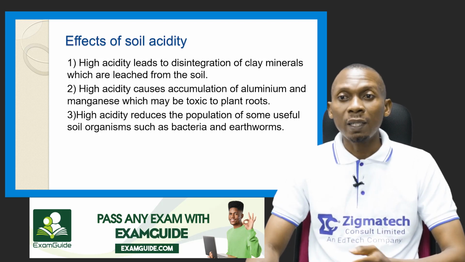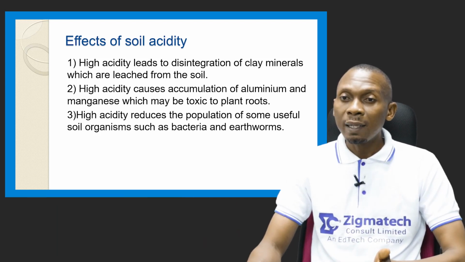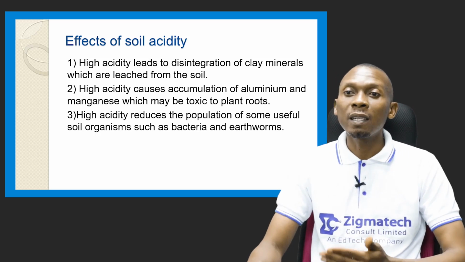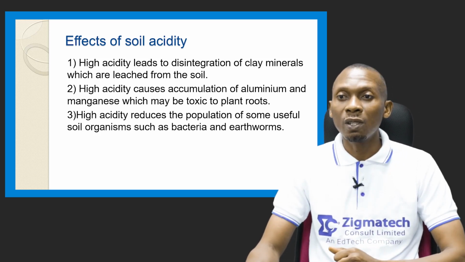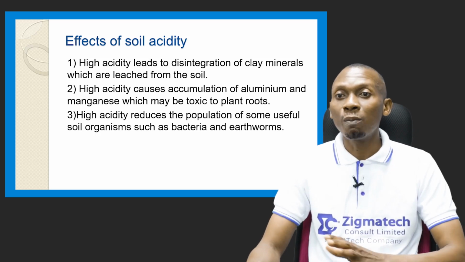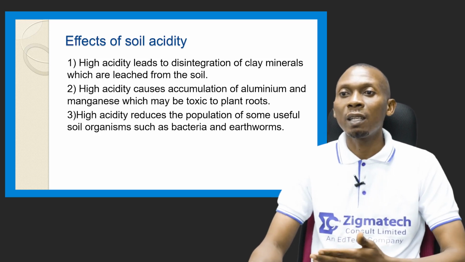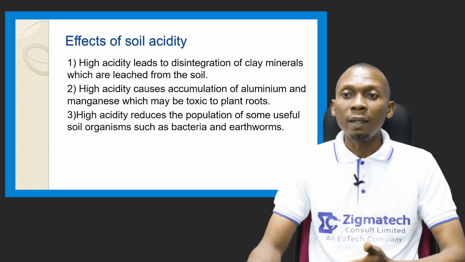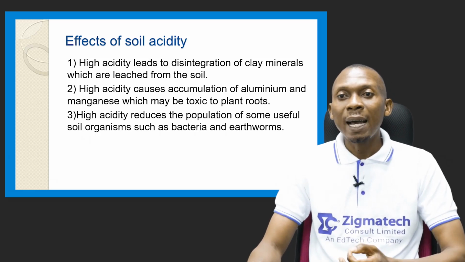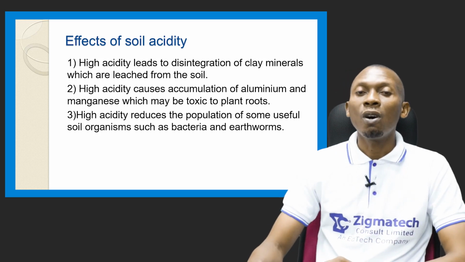Examples of such bacteria are the Rhizobium leguminosarum, Azotobacter, Clostridium. These are examples of bacteria that help fix atmospheric nitrogen into the soil. Earthworm also has a role to play in soil formation, helping to mix soil particles together. So when the population of such organisms is affected, that will definitely affect the growth of our plants. So high acidity can reduce the population of such soil organisms.